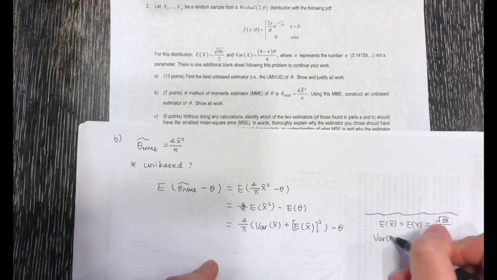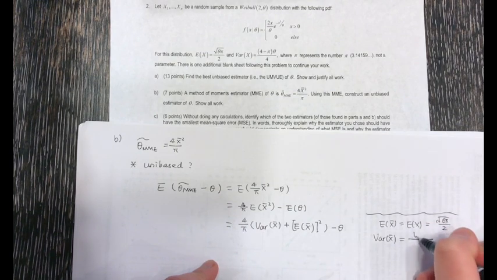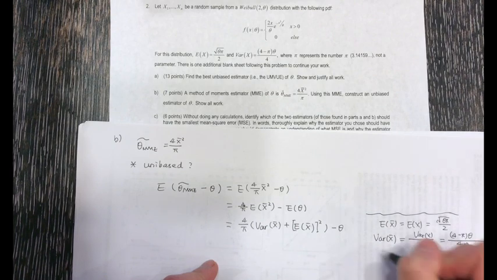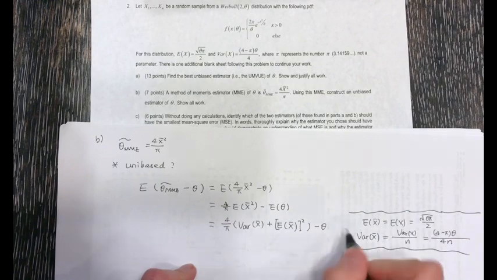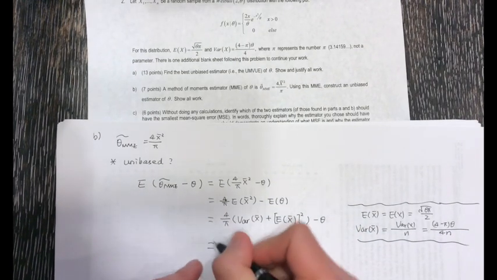And the variance of X bar will equal the variance of X divided by n, which equals (4 minus pi) times theta divided by 4n in this case.